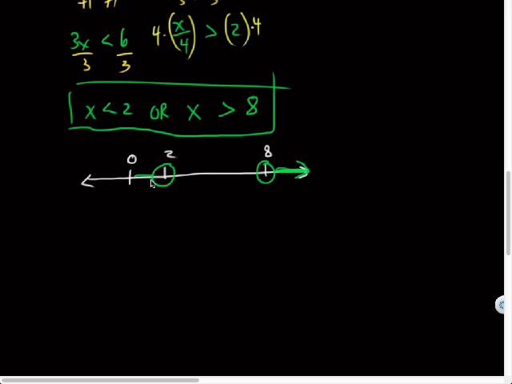Even though 0 is only true for one of these, it's still a solution. Even though 10 would be a solution for only the one on the right, it's still a solution of the entire statement because of the operative word "or" there. It allows only one of those needing to be true at a given point. So that's not too crazy, I don't think.